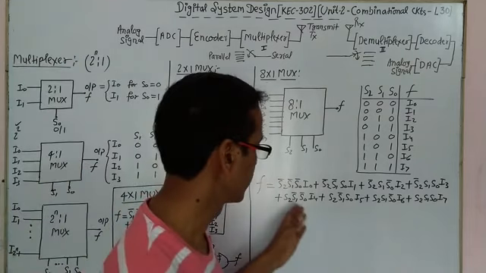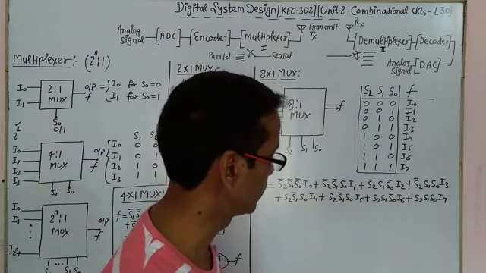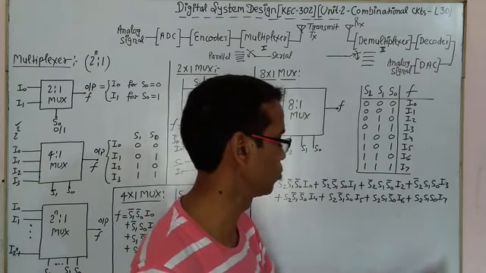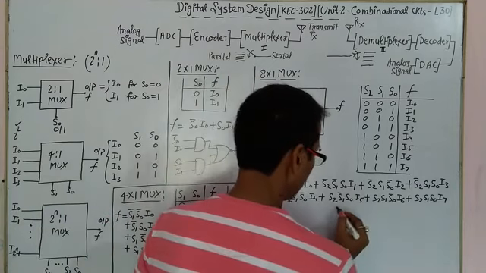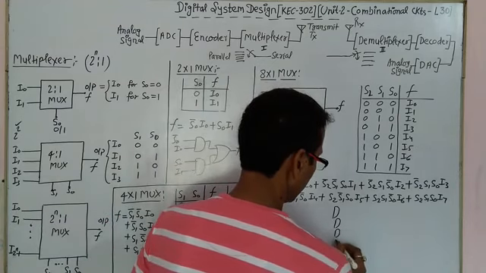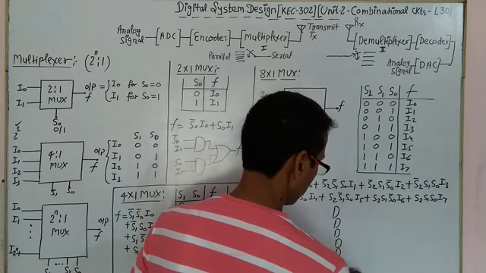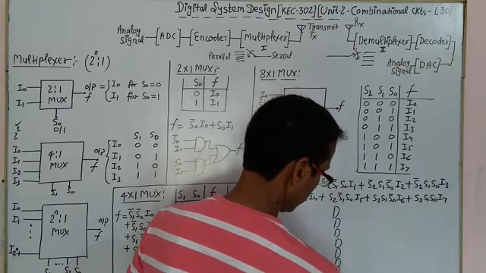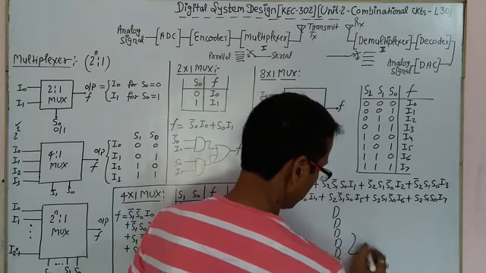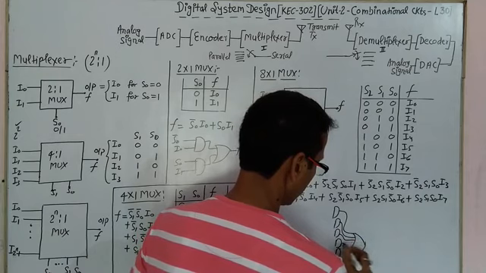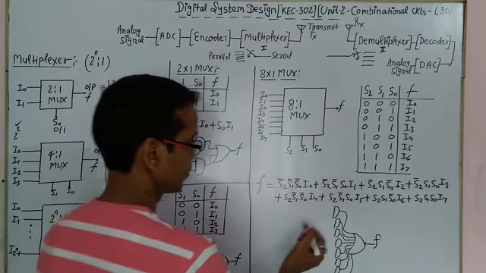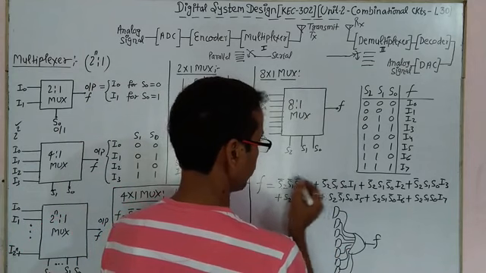Using AND and OR gates, you can implement it: 1, 2, 3, 4, 5, 6, 7, 8. You will need 8 AND gates, and the sum of these gates gives the output F, and you can connect wires according to this function.